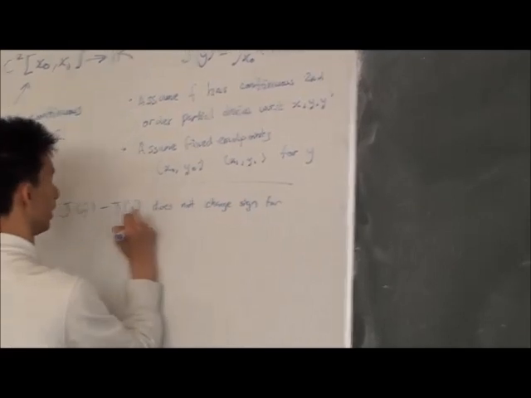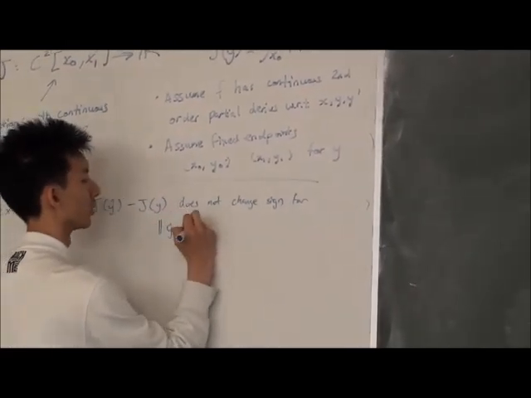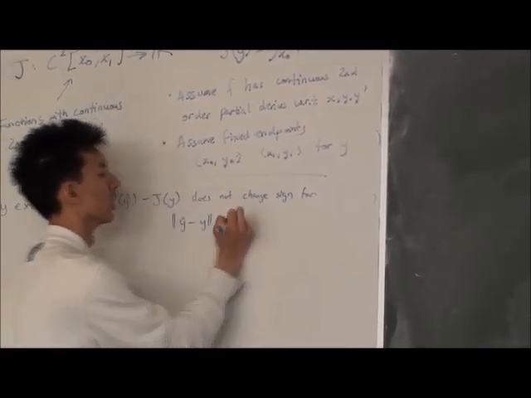So the way you write that is the norm of y hat minus y is less than epsilon.